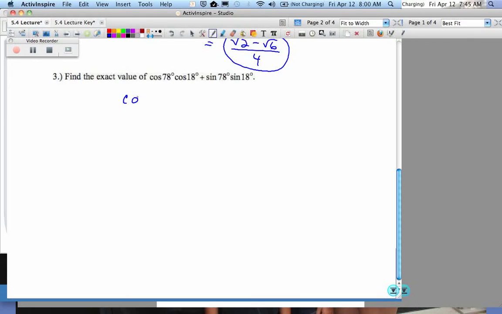So it's cosine of 78 minus 18. Well, what's 78 minus 18? So they're really looking at cosine of 60. And the cosine of 60 degrees is? That's it. So you're looking at their pattern. What did they do? So what should I do?